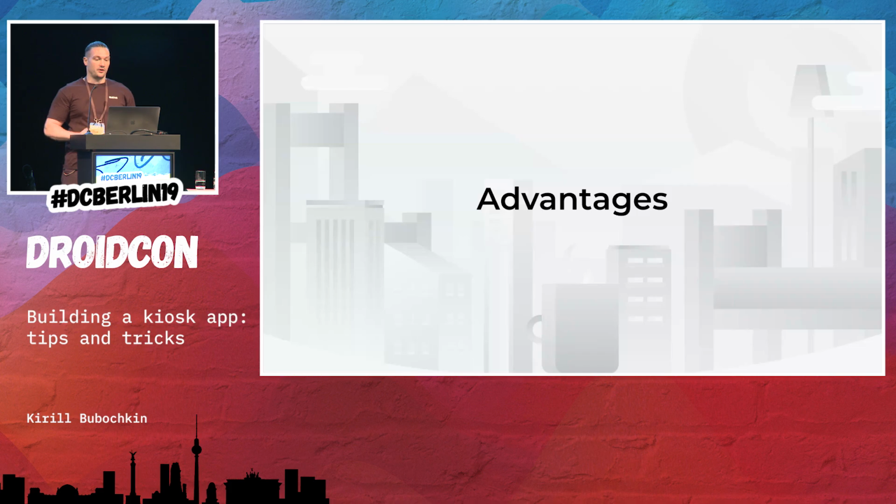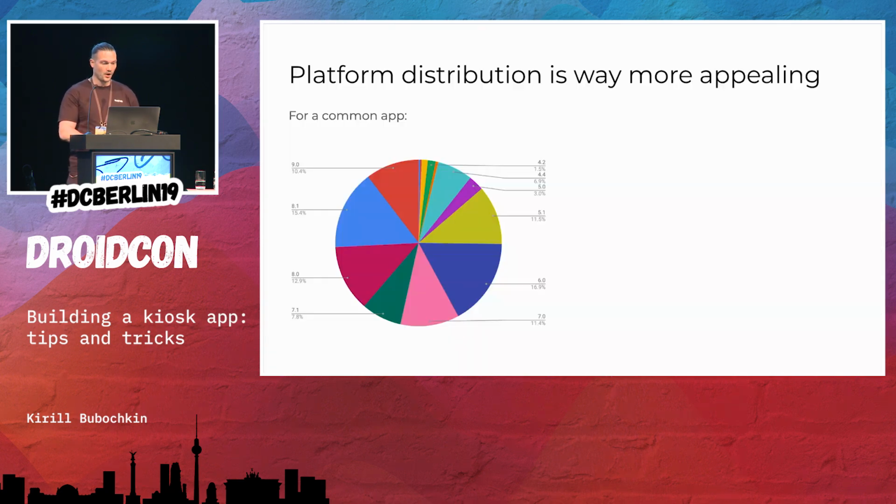Now, I would like to share my personal opinion as a developer about the advantages and drawbacks of developing a kiosk application. What we found easier or harder compared to normal app development. First of all, the common source of pain for Android developers is actually the platform distribution.